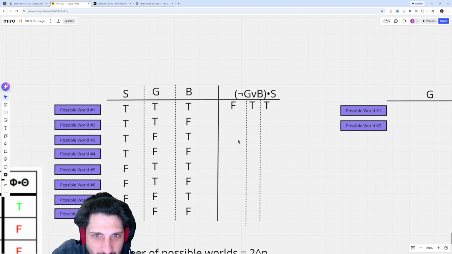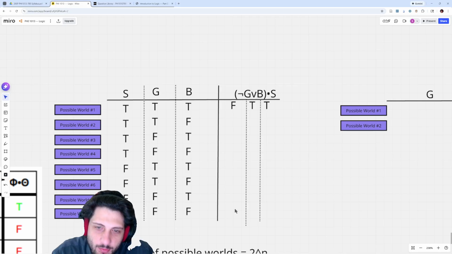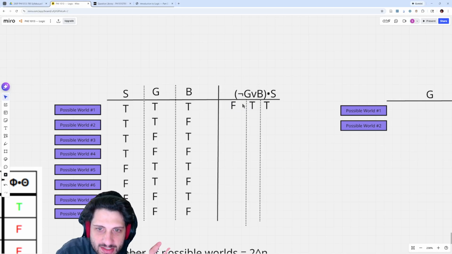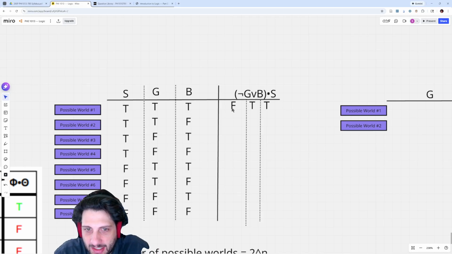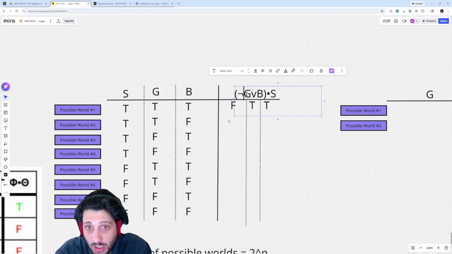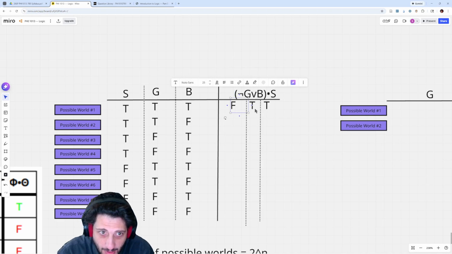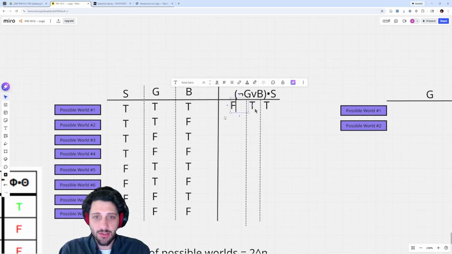So I think it might actually be helpful if we go down by columns a little bit. Now that we see what order we have to do this statement in, every time we have to do not G first. And then once we have not G, we know whether or not not G or B is true. And once we have not G or B, we can decide whether or not the conjunction as a whole is true. So let's do it in just that order throughout, to drive home some of these points. In world 1, G is true, so not G is false.